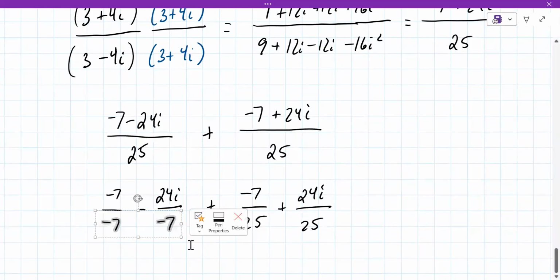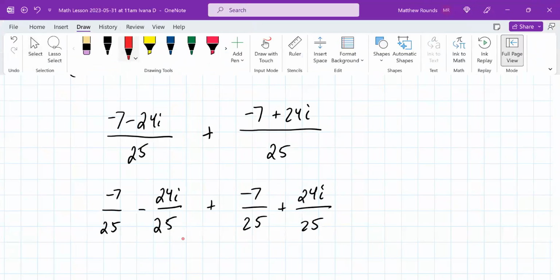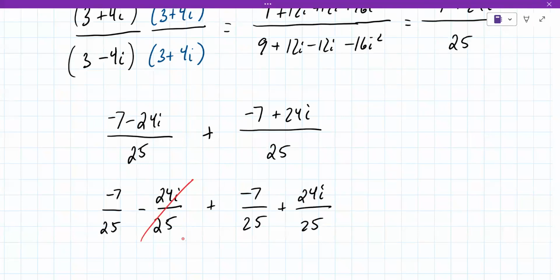All right, so let me do this. Okay. So do you see that the i's have the same coefficients, minus 24 over 25 and positive 24 over 25? These are exactly the same except for the signs.